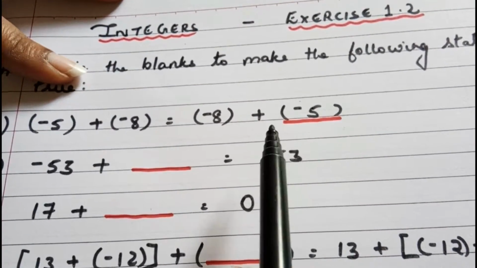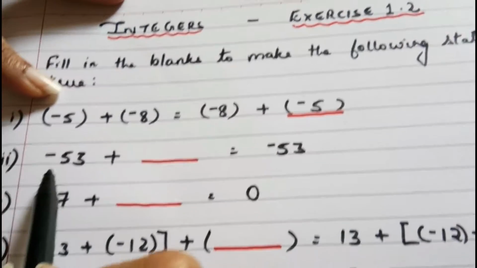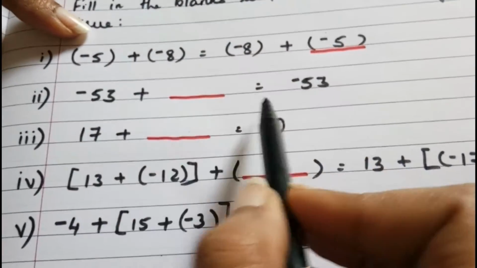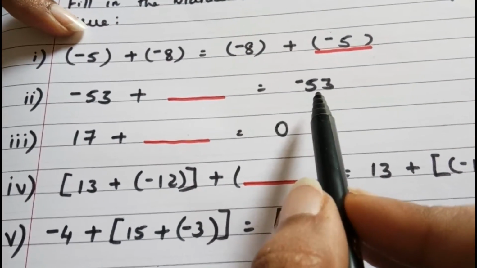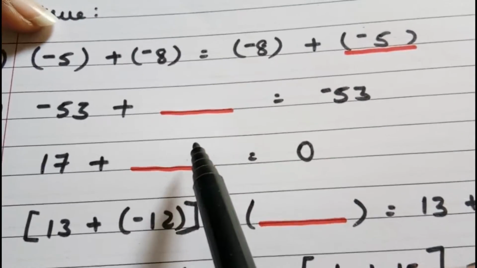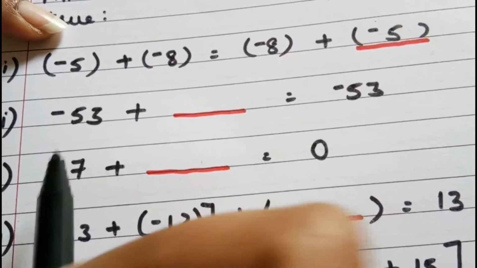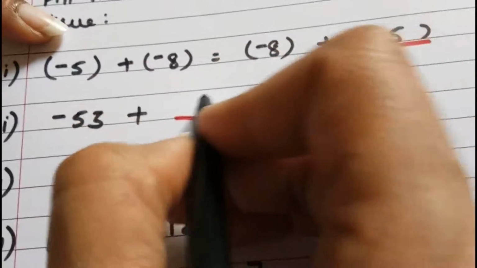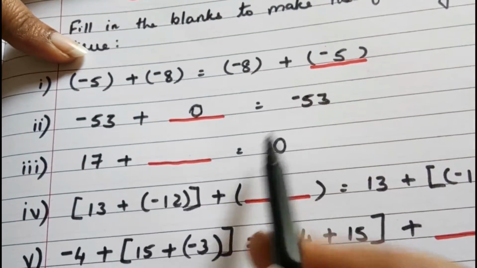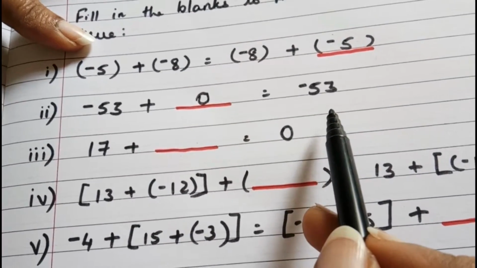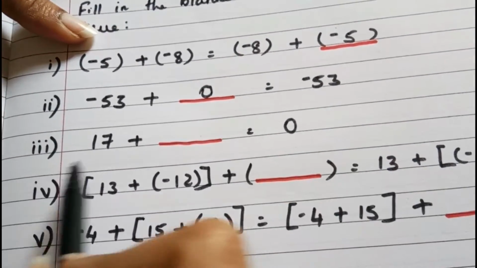Remember? Recollected? Clear. Now minus 53 plus dash is equal to minus 53. Which type of property would this be? Yes, it is the additive identity property. So minus 53 plus 0 is equal to minus 53. Clear?